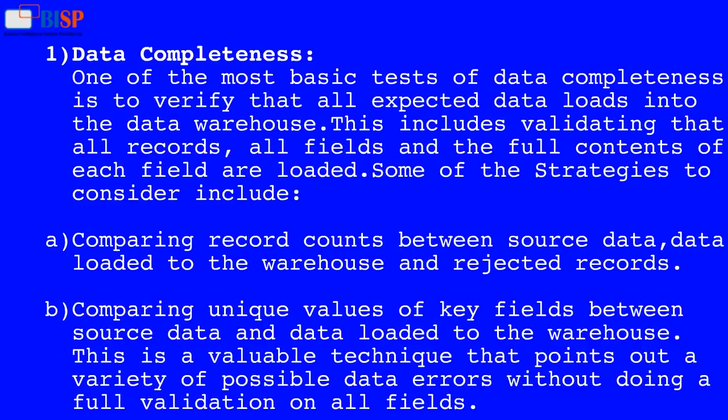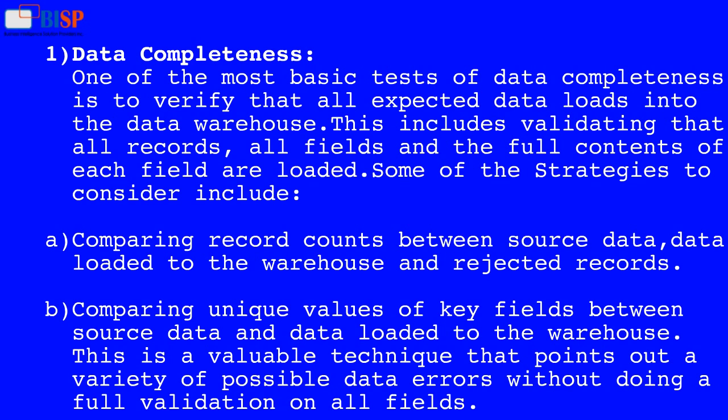1. Data completeness. One of the most basic tests of data completeness is to verify that all expected data loads into the data warehouse. This includes validating that all records, all fields and the full contents of each field are loaded. Some of the strategies to consider include: A. Comparing record counts between source data, data loaded to the warehouse and rejected records.